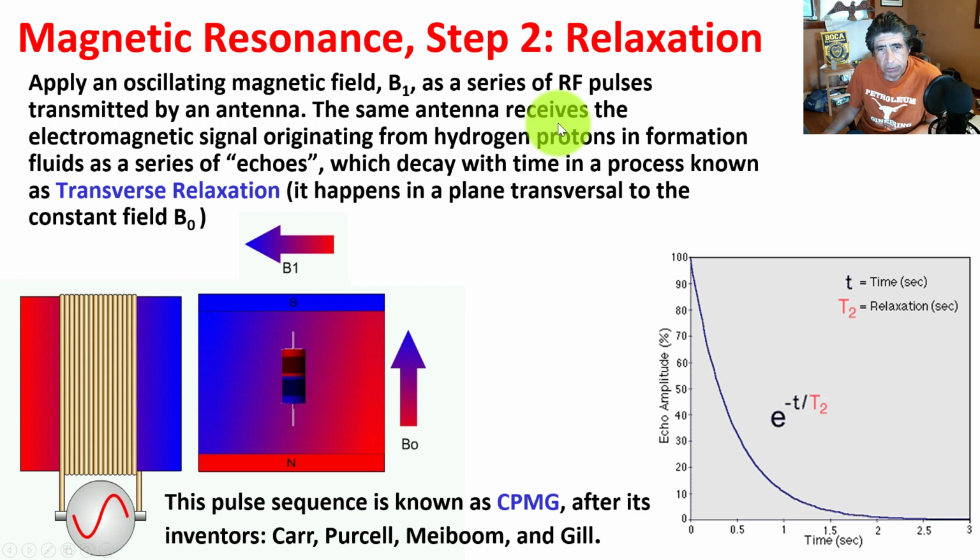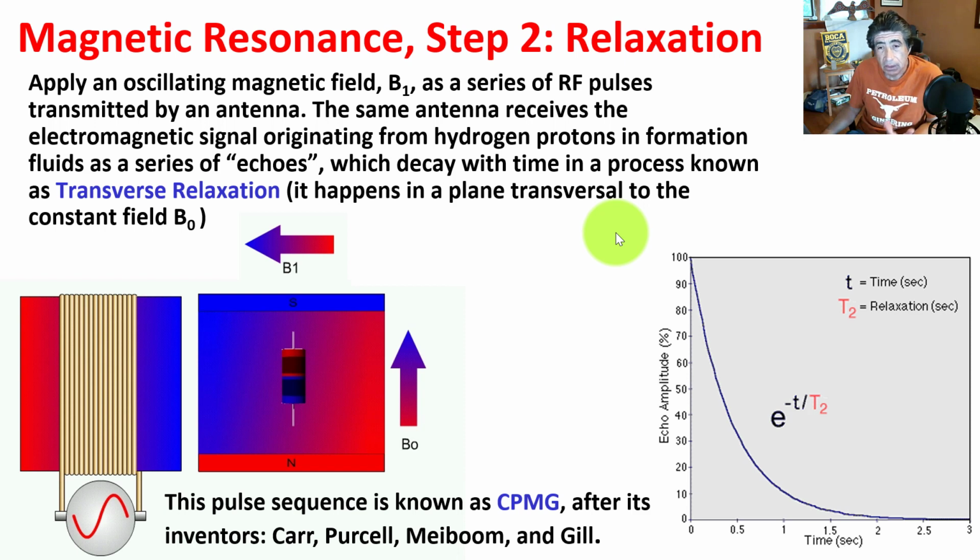And that will turn them into a plane perpendicular to the direction of the applied DC magnetic field, and they will be oscillating in that plane. So that's how we do it. And then suddenly we turn off the radio frequency pulses. When we turn them off, immediately the protons begin to do random walks in the medium. And the random walks in the medium will cause them to eventually, with time, lose synchronicity, alignment.